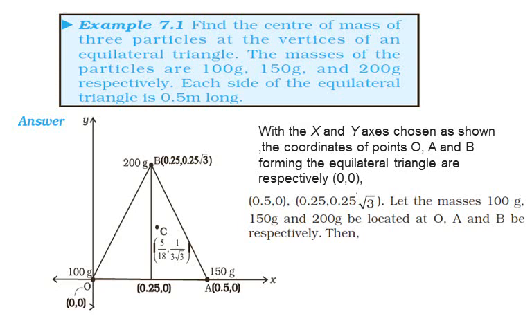As shown in the diagram, one of the vertices is taken at origin. You can take any one. Then find out the x and y coordinate of each and every point first, means of the points O, A, B and C.